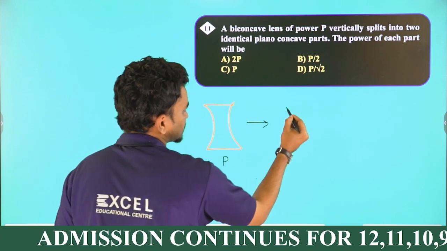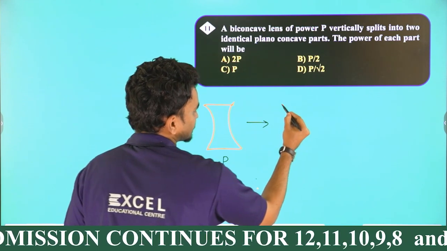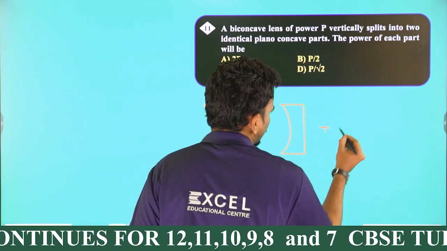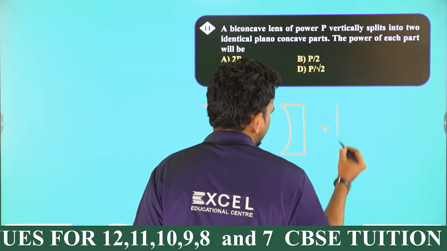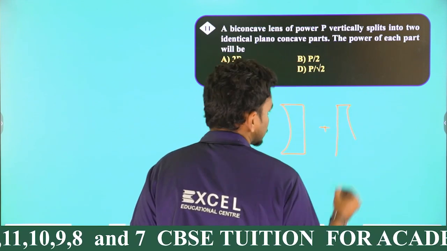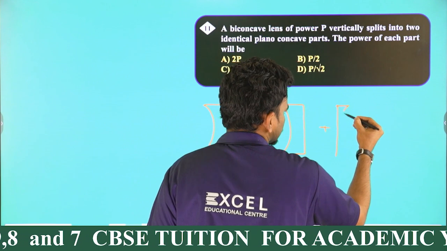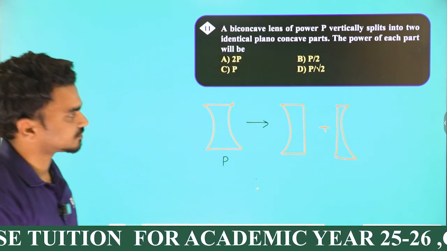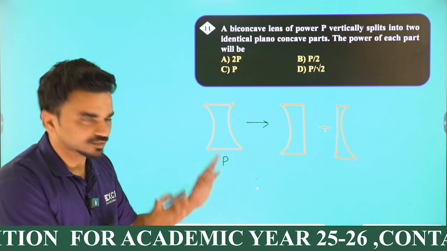When you split this one, it will be like this. Split into two equal parts, right? The diagram is not exact, but you can assume.